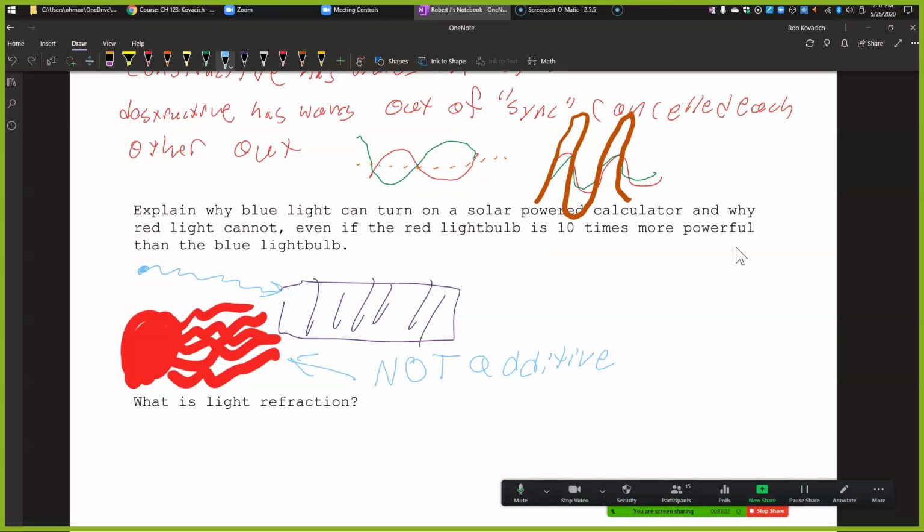We okay with that? Even though there are several more red wavelengths of light hitting that, and together those red wavelengths would have more than enough energy to cause that solar cell to turn on, since I don't get to add them together, it doesn't work.